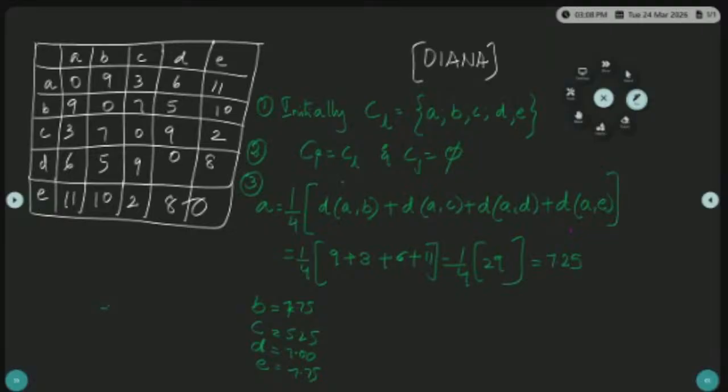We choose only one data point. So move B from CI to CJ.